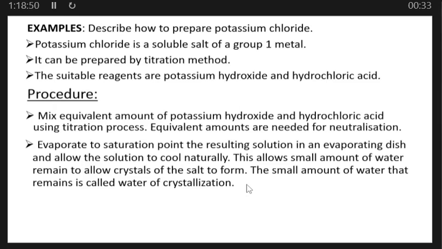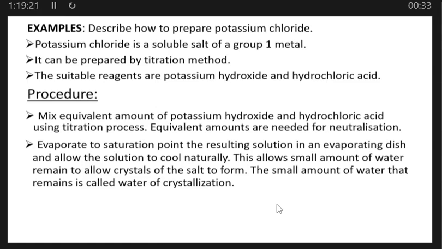And for that particle to be formed, meaning in the process of sugar formation, they left some water that allowed those crystals to form, those edges to form. And that water which they allowed is called water of crystallization. So if you want crystals of a salt to be formed in this situation, you just heat the solution to saturation point and then allow it to cool naturally.